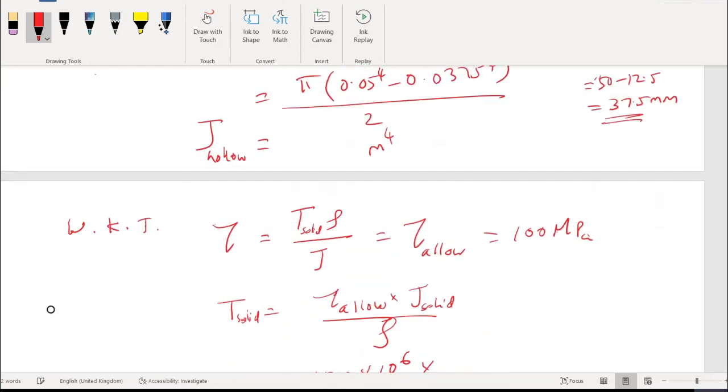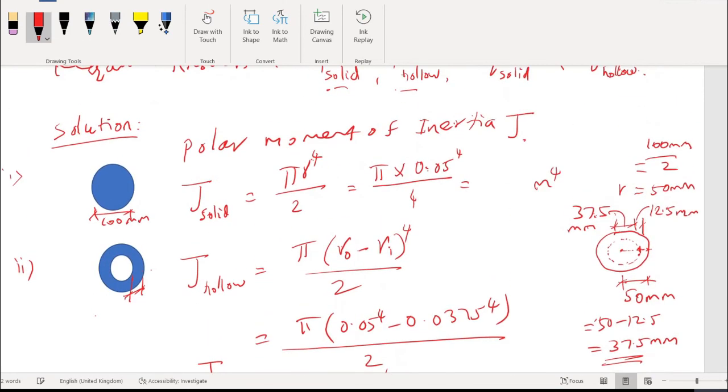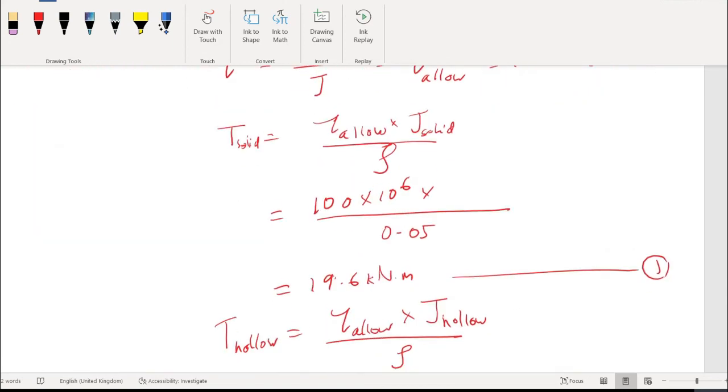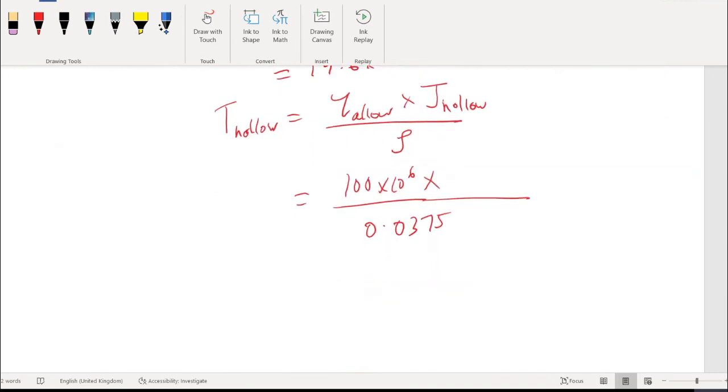The hollow distance, 0.0375. Can you see my arrow here? The distance from the center to the point of interest on the hollow material, 375. So substitute 375.